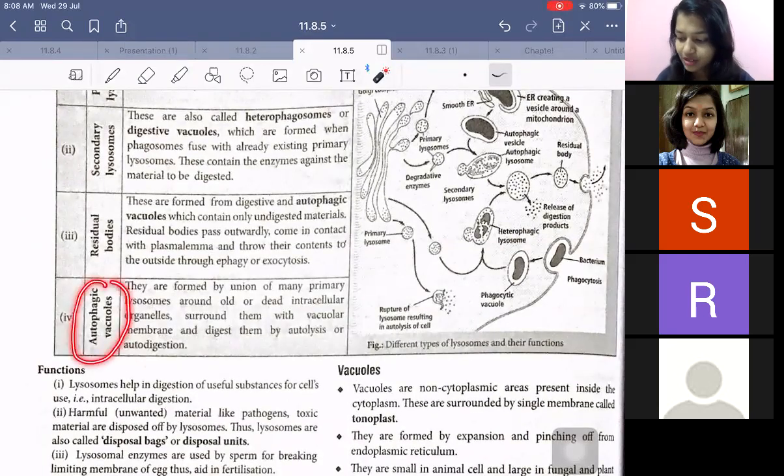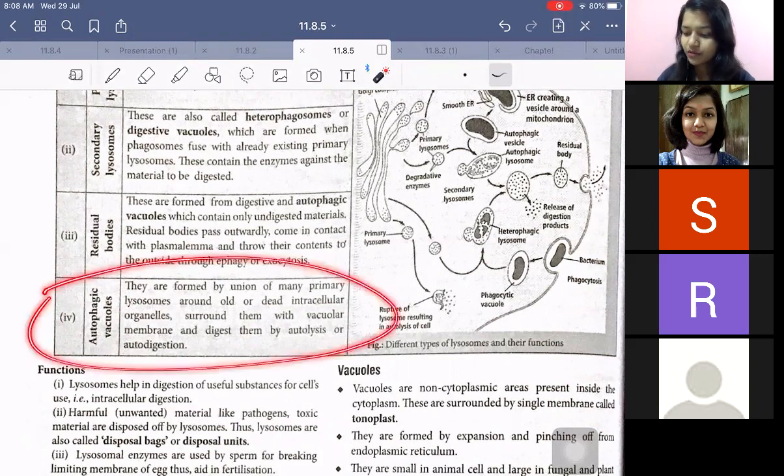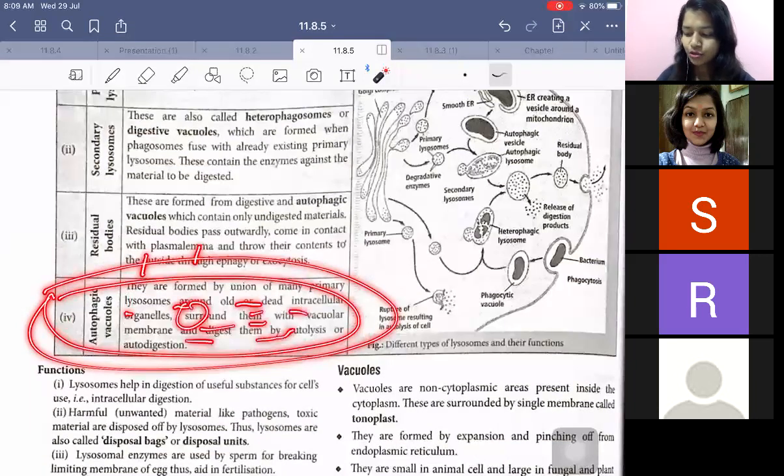So what is the fourth and last thing? Autophagic vacuoles. Let's say any cell organelle, any mitochondria, is not functioning in your cell, and there is no need of it now. What will you do? You will break it down. Mitochondria is made up of so many things: two membranes, DNA, ribosomes.